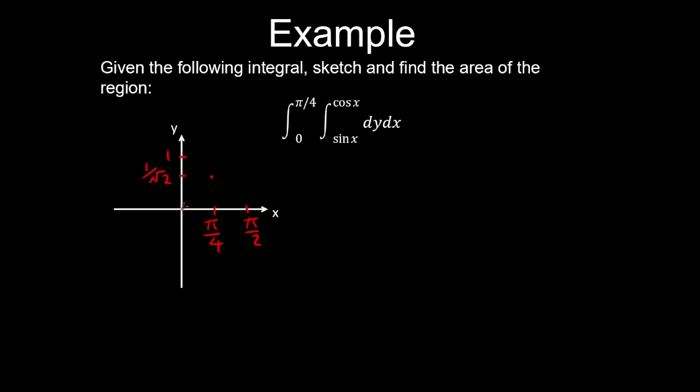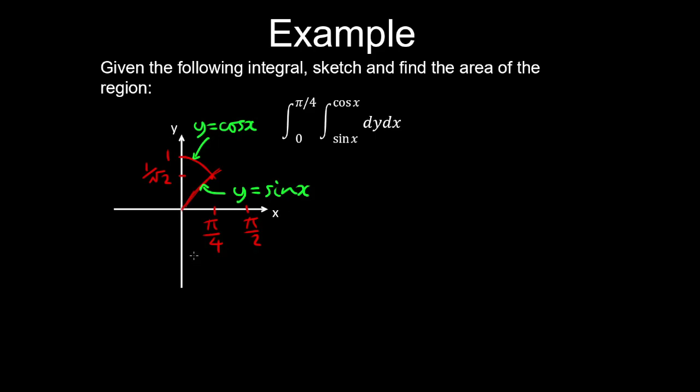So it looks something like this up to pi on 4. And cosine x is also 1 on root 2 at x equals pi on 4, and looks something like this. So it's a maximum when x equals 0.